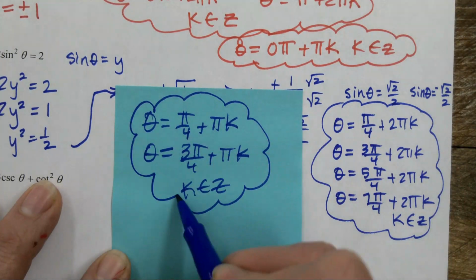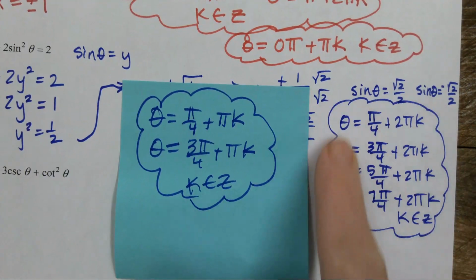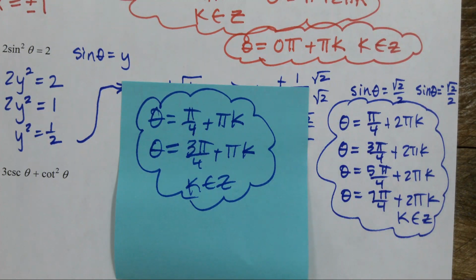Now, I'm not showing this to you because I want you to get confused. I'm just showing this to you because, again, you have to think about moving around the circle, and if it can be written a little bit differently, it might. If you write it like this every time, you're fine, as far as I'm concerned. But just know that it could be adjusted.